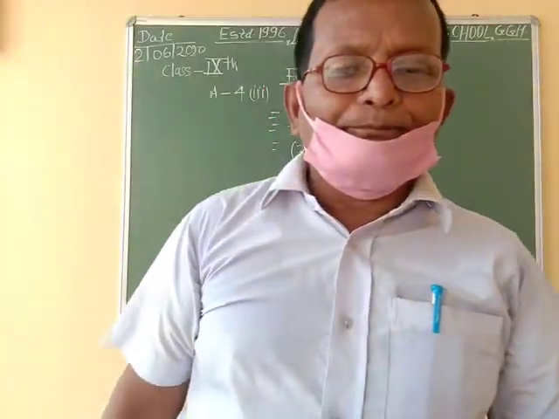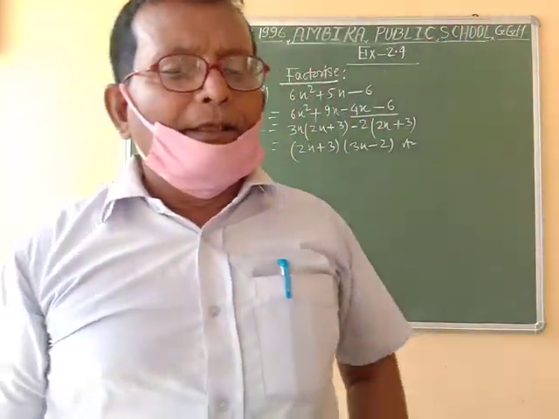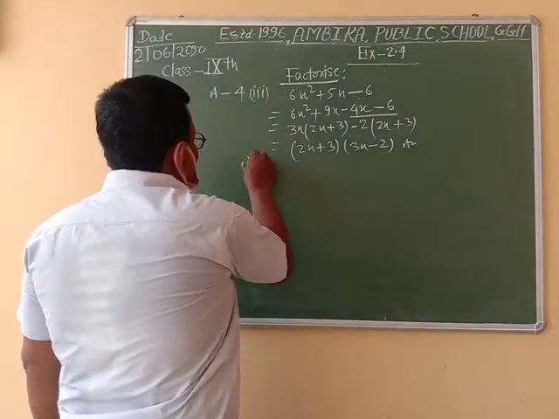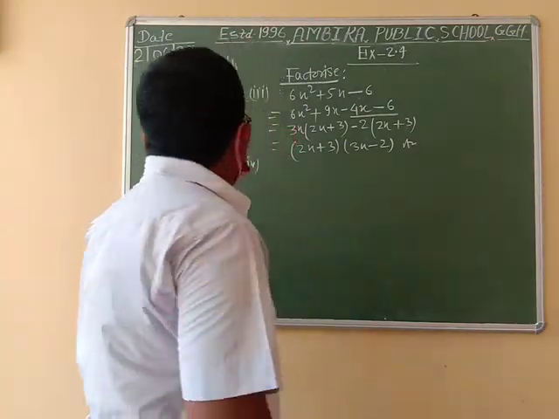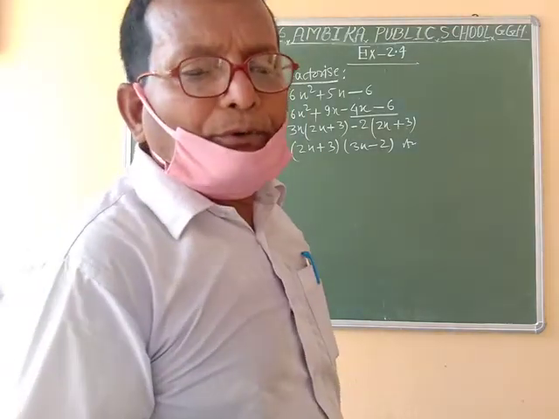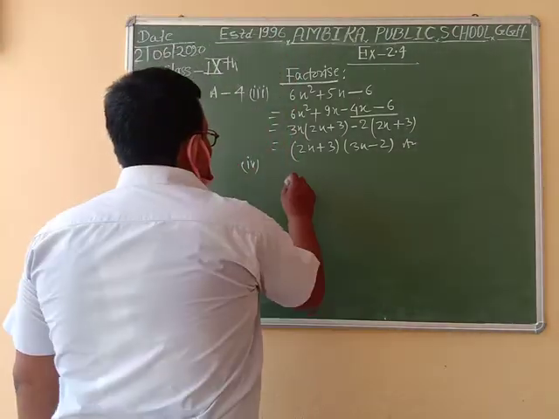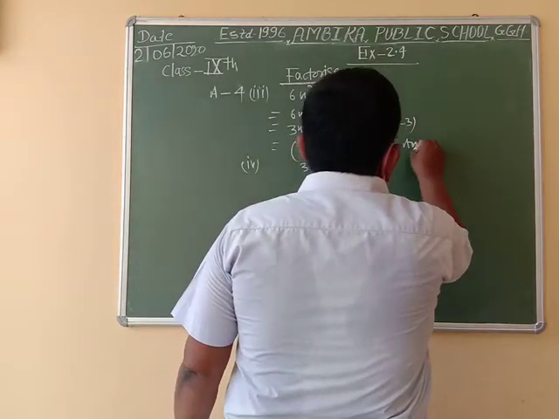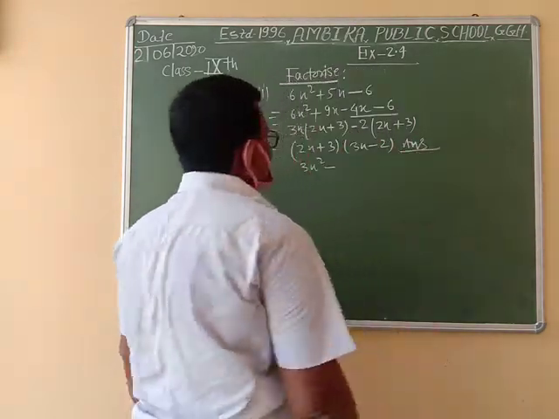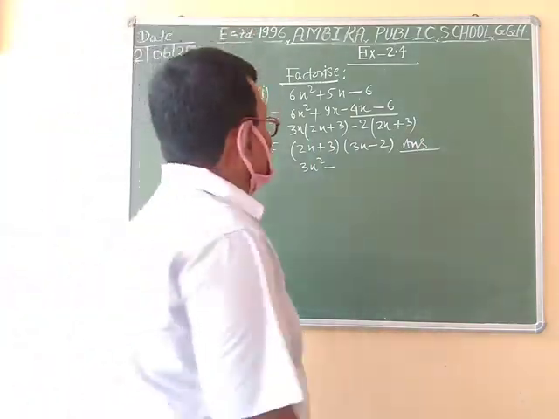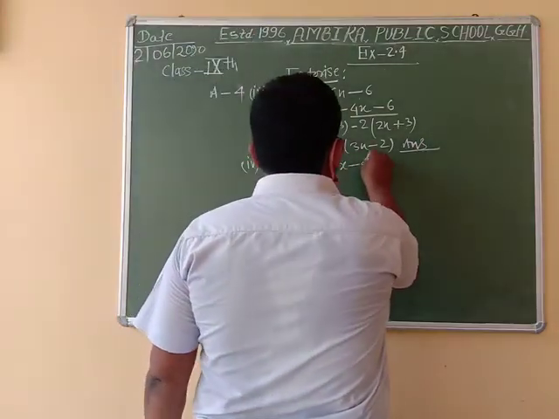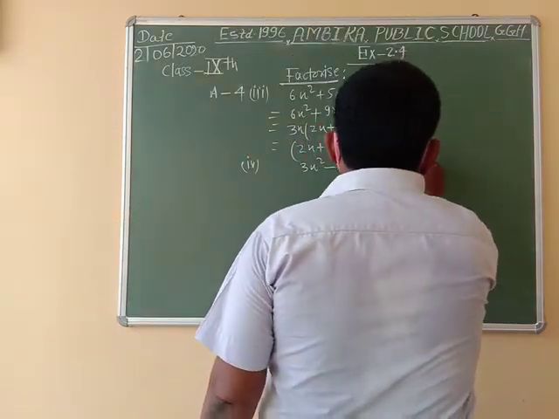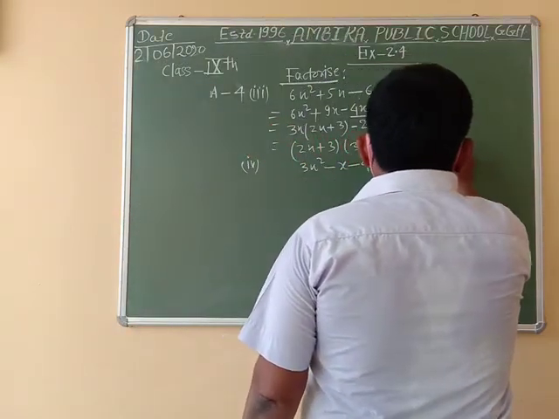Now, in question number 4 of 3x square minus x minus 4. Multiplying 3 into 4, 3 into 4 is equal to 12.